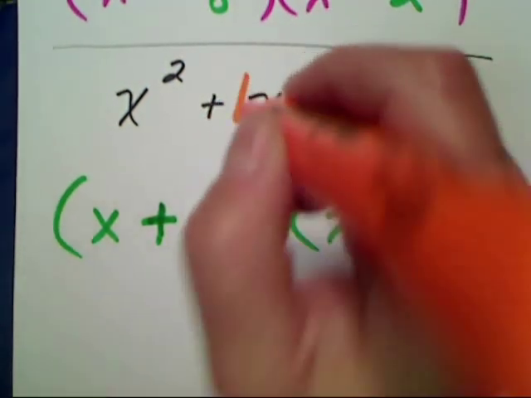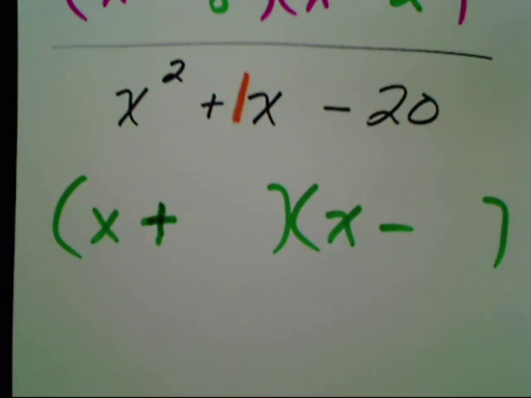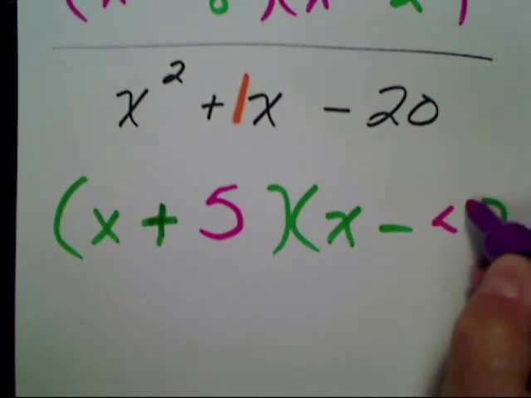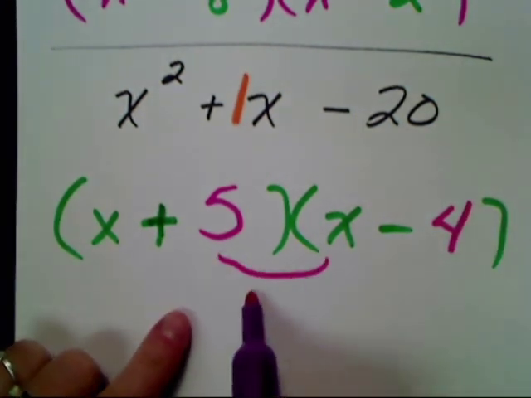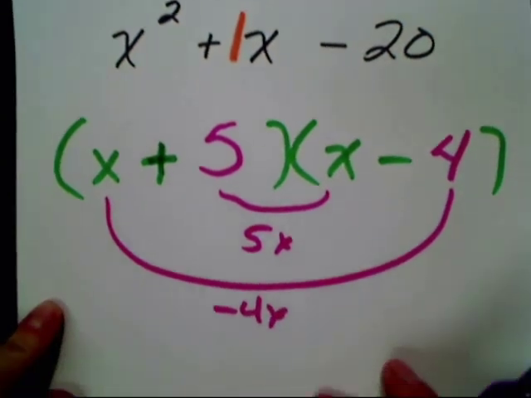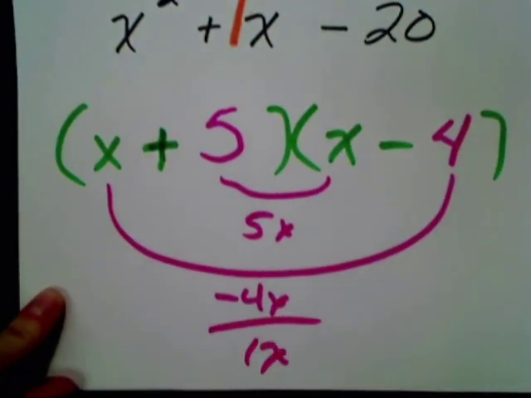Remember, there's always a 1 in front of any variable if there's no number written. I know that 5 and 4, my 5 is positive and my 4 is negative. 5x minus 4x is 1x, which is what I was looking for.